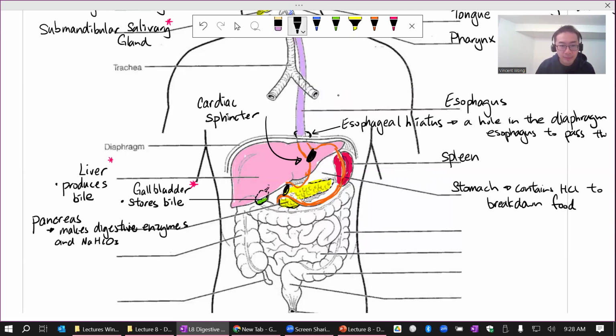And that is, I'm running out of space, but it's the pyloric sphincter. We will have notes on these things, okay? I just want to tell you where they are first. That's the pyloric sphincter. So basically, the sphincter at the top and the sphincter at the bottom keep everything in the stomach.